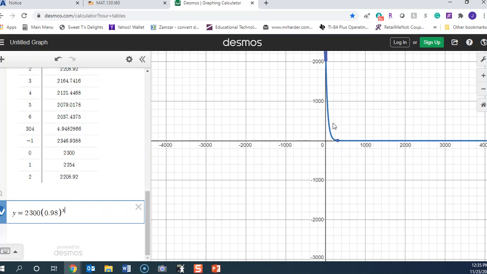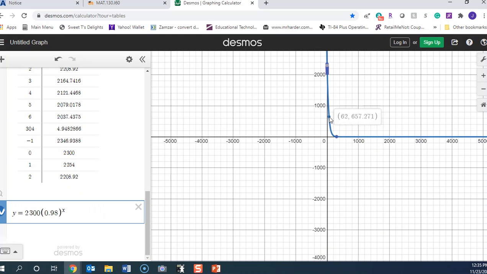We could click here on the graph and drag it. We can keep dragging until we get to where it's going to be a little bit under. See right here at 300, it's at 5.36. It's kind of hard to move it with my mouse, but you get the gist of it. You could drag it and get to the amount as well, or you could play around with the numbers here. So either way, you see that it's 304 months.